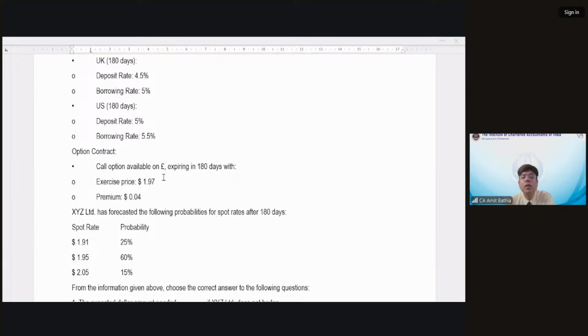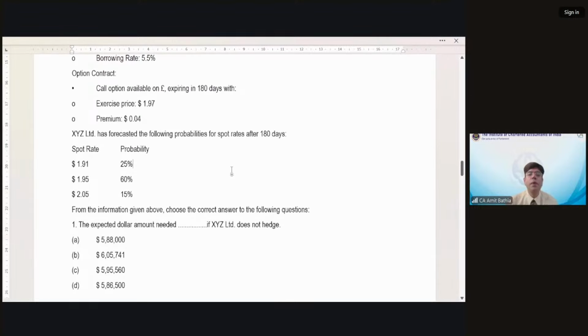What is the probable rate which is expected over there? Yes. What is the probability? So the probability over here is 1.91 into 25%, 1.95 into 60%, 2.05 into 15%. So we have 1.91 into 25%.